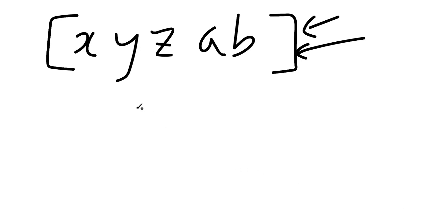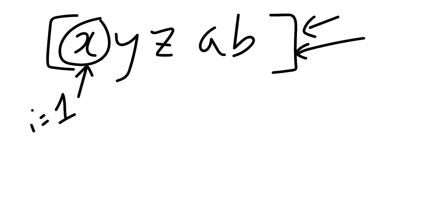So first of all, let's make this a rule. We're going to have the convention that indexing starts at 1. So i equals 1 here. This X element is at index 1. And in fact, that is going to be the maximum element because it is the root, the maximum priority element because it's the root.